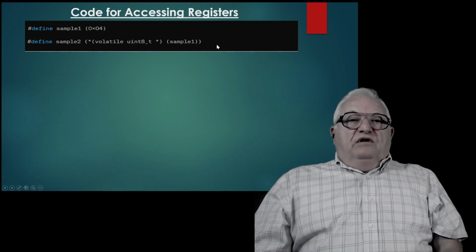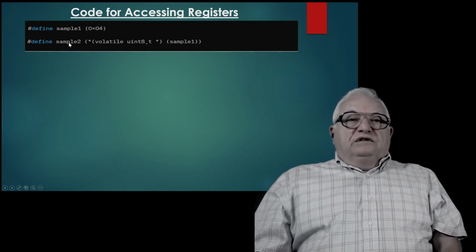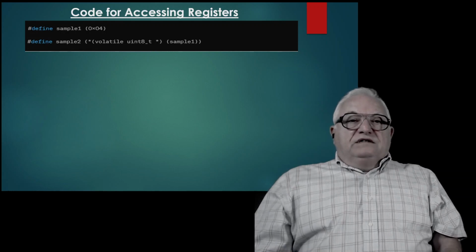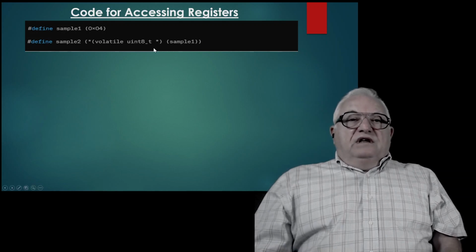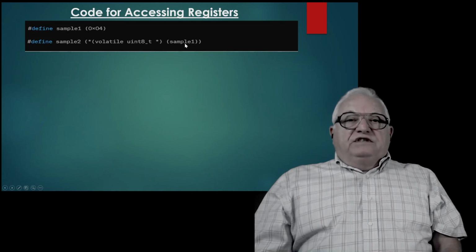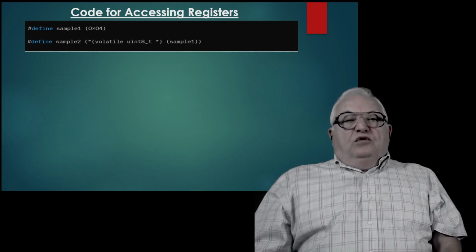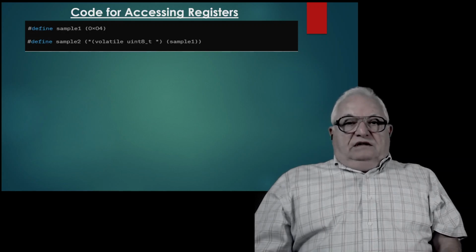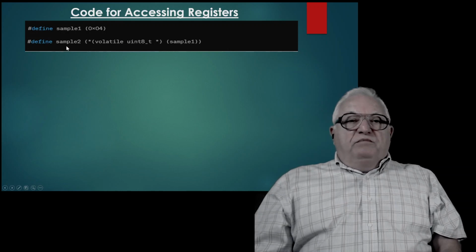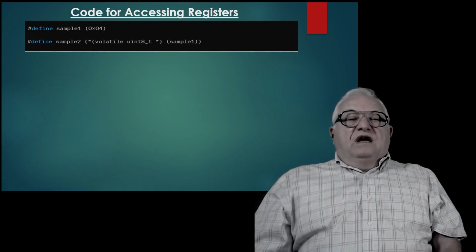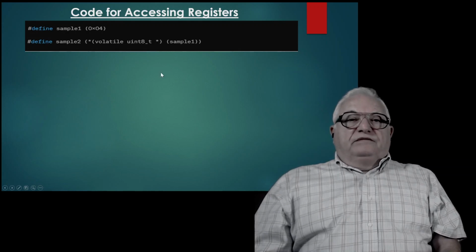The purpose of the second line of code will be to allow sample 2 to access the memory location of the register defined by sample 1 and be able to look at the data and modify the data. So sample 2 will have access to read and modify the data in the register defined by sample 1.